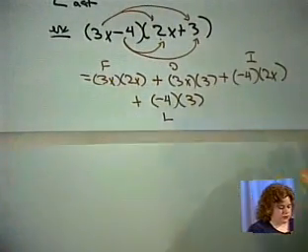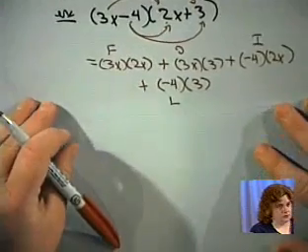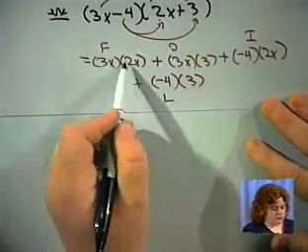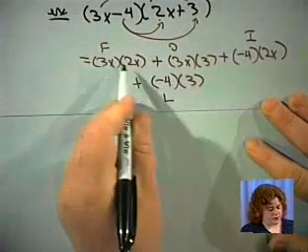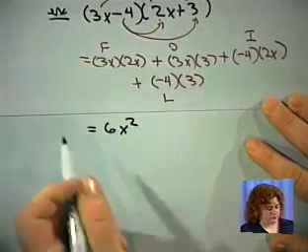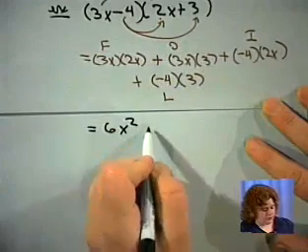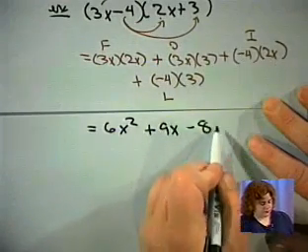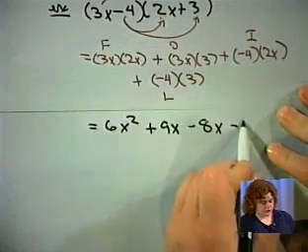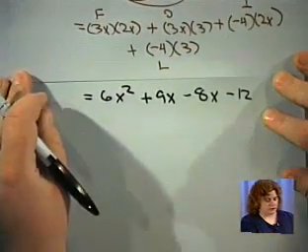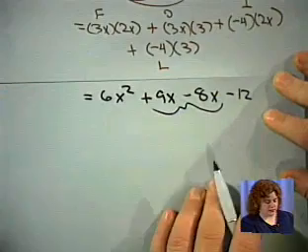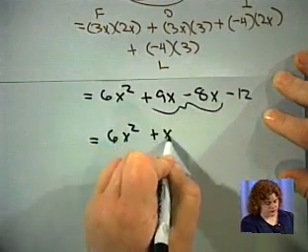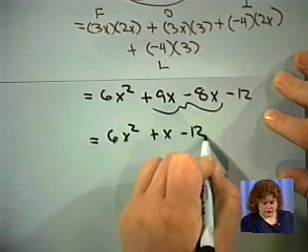Now we're going to simplify this, clean it up a little bit. 3 times 2 gets us 6, and we have an x squared. We'll have here a 9x minus 8x minus 12. We can simplify this a little more by combining like terms. 6x squared plus x minus 12.